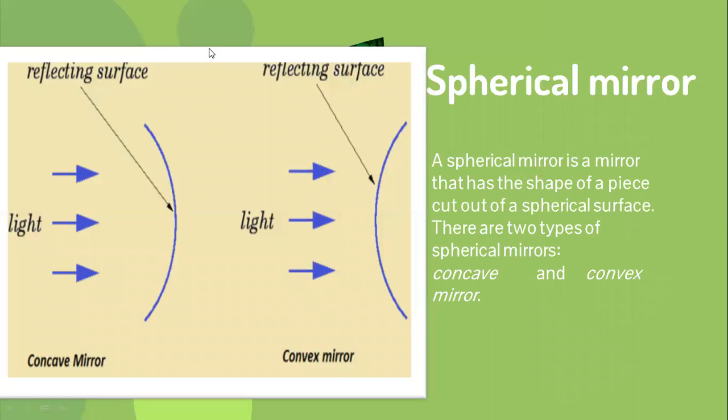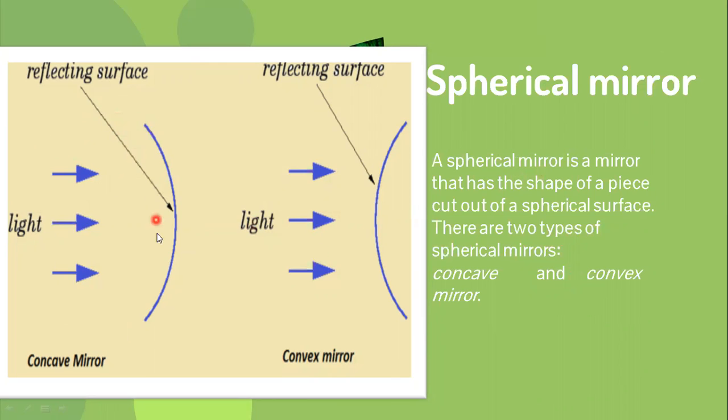Now we are going to study the spherical mirror. A spherical mirror is a mirror that has the shape of a piece cut out of a spherical surface. A complete sphere, when cut into two parts, gives two forms.